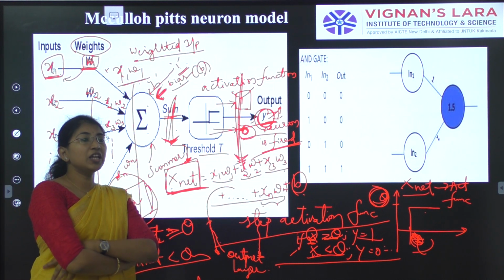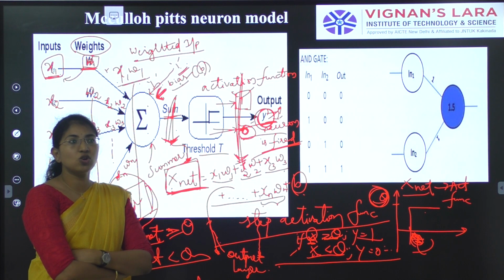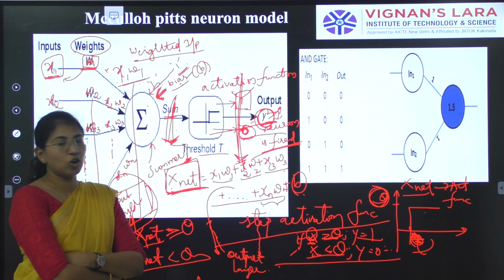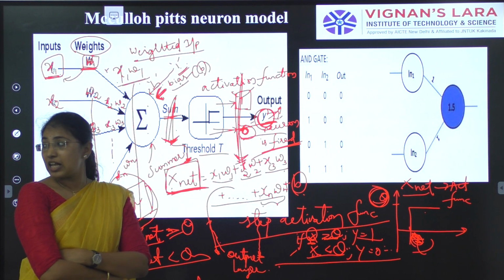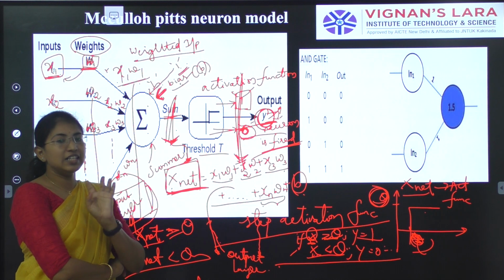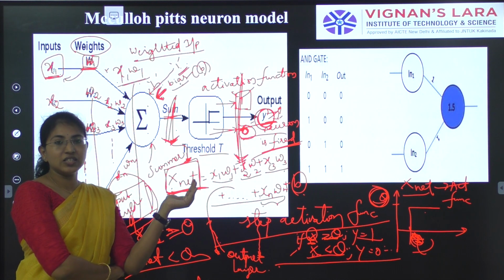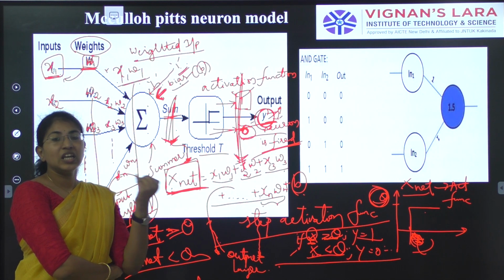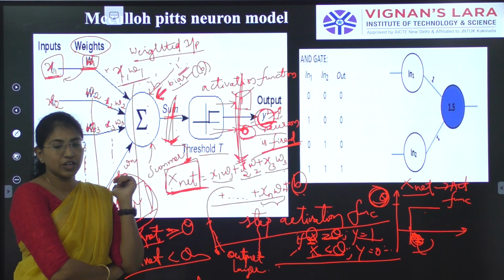And here, coming to the limitations or disadvantages of this McCulloch-Pitts neuron model, it has only one disadvantage. The advantages are that it is simple in structure, easily modeled and cost effective.